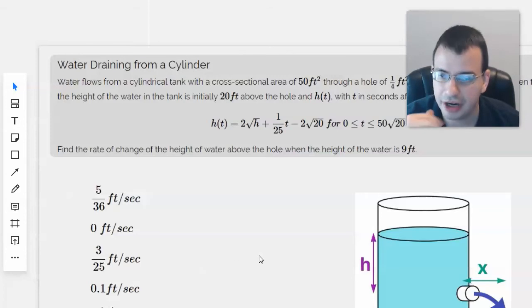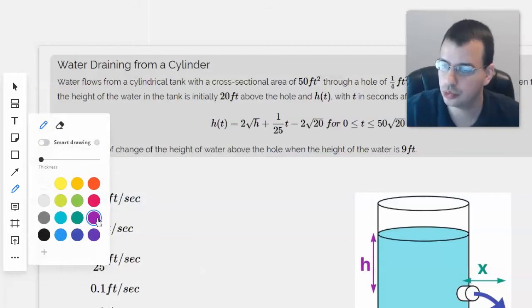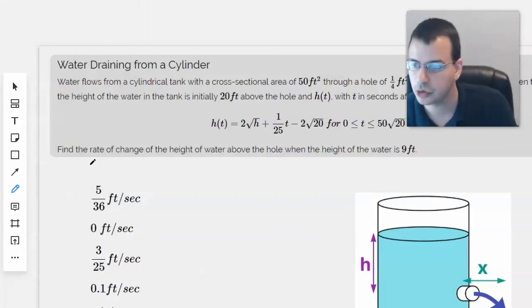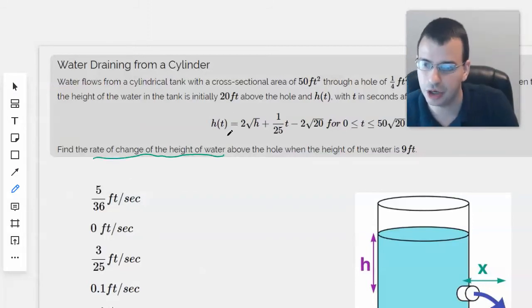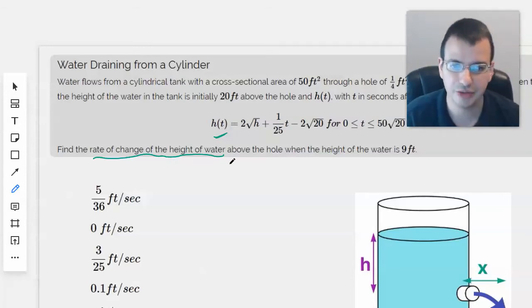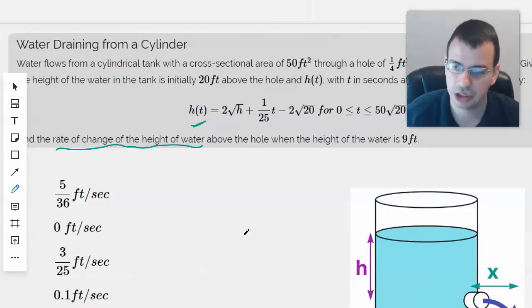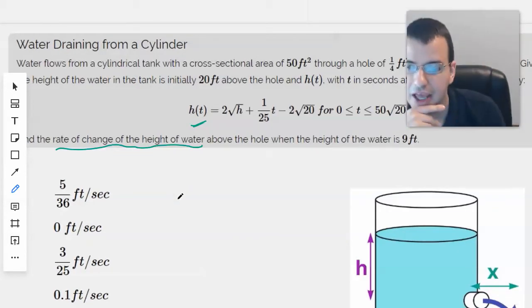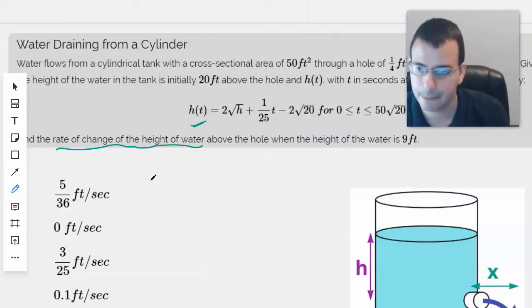Find the rate of change of the height of water above the hole when the height of the water is 9 feet. So we have a rate of change of height of water. We know the equation for height of water, so when we take the derivative with respect to time, we will find the rate of change of h of t with respect to time.